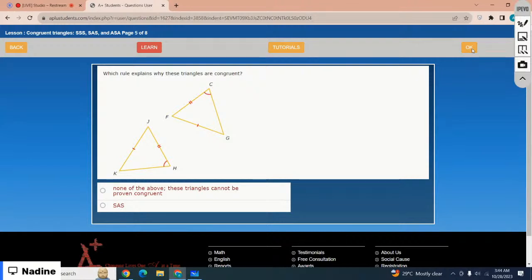These triangles cannot be proven congruent, right?